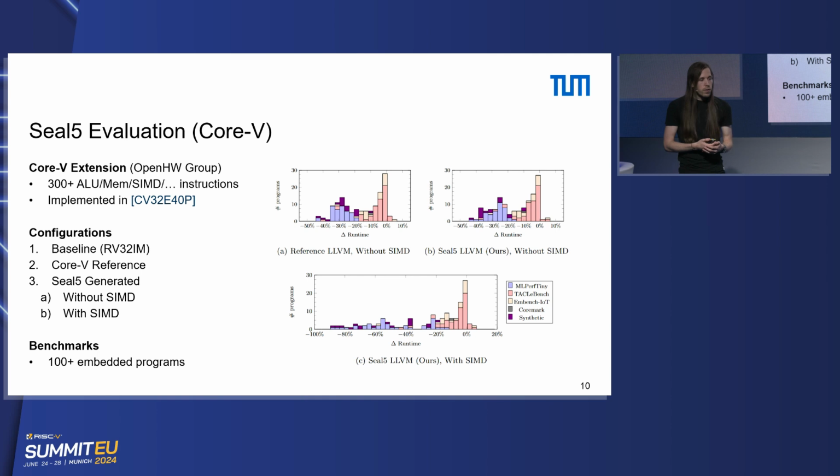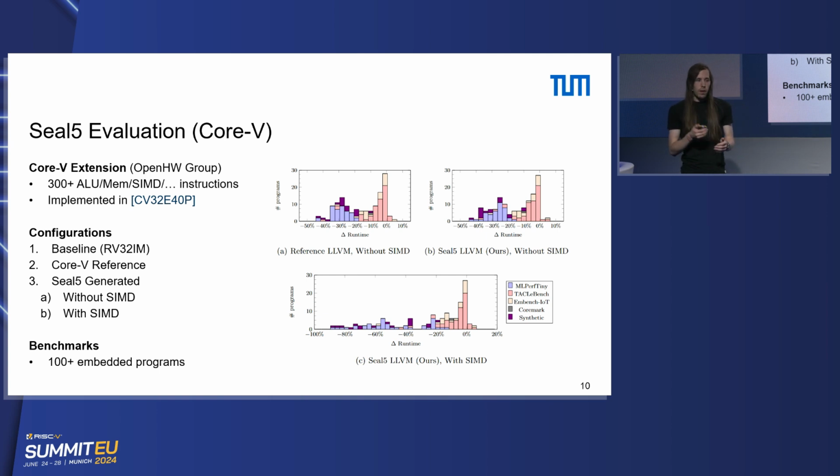For evaluating our CL5 tool, we first took the CORE-V extension, which is developed by the Open Hardware Group and consists of over 300 more or less general purpose instructions, and it's also implemented on the CV32A40P core. For our comparison, we came up with 4 different configurations.